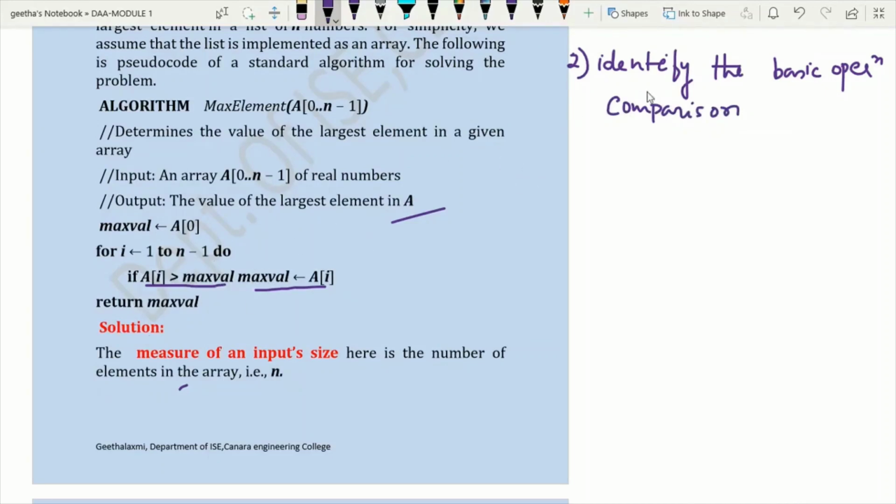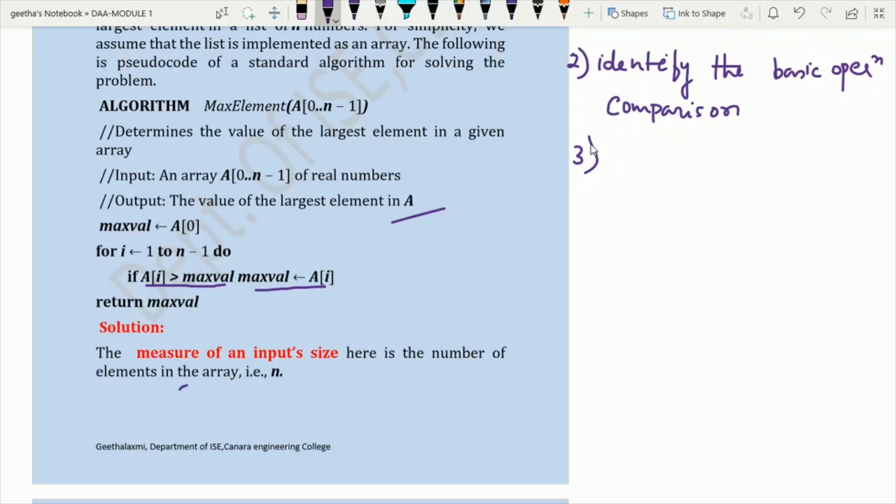number of times. Okay. The first step is the measure of input size, which is n, and then identify the basic operation. So the basic operation here is comparison, as it is executed more number of times and lies within the innermost loop of the algorithm.